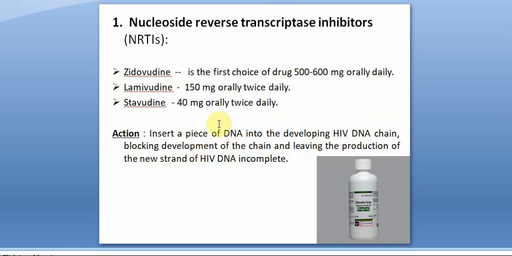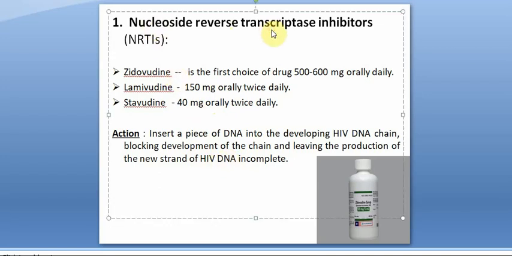It will prevent the complete formation of the HIV DNA. Finally, because of this incomplete HIV DNA, it will prevent viral replication. So just remember that nucleoside reverse transcriptase inhibitors are those drugs which will prevent the replication of the virus.